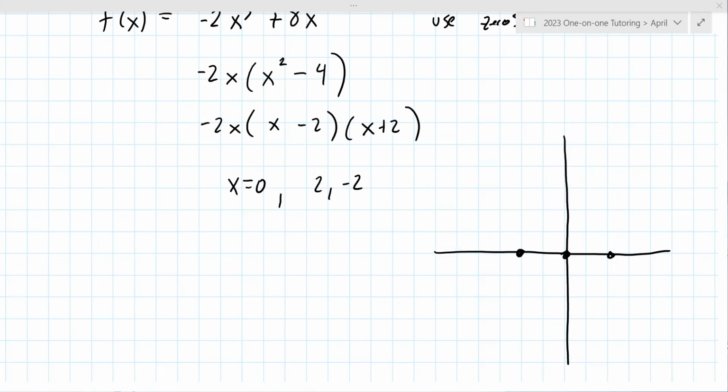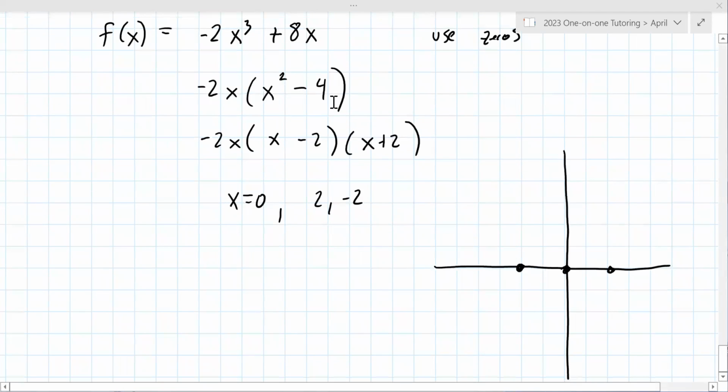When you plug in 1, you get -2 plus 8, which is 6. So it's positive 6, which is high, which means it probably starts at the top. Basically, does it start up here or down here is what you're trying to decide. The third quadrant, the first one? The top one? Yes, something like that.